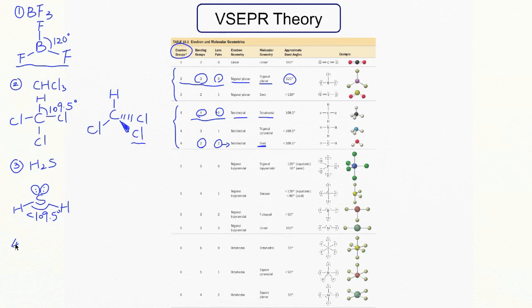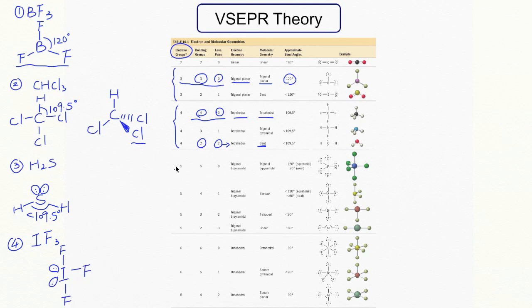Example 4. Okay, let's take a look at IF3. Again, if you draw the Lewis structure of this molecule, you will find that you have 2 lone pairs on the iodine center, okay, and 3 fluorines around the iodine center.